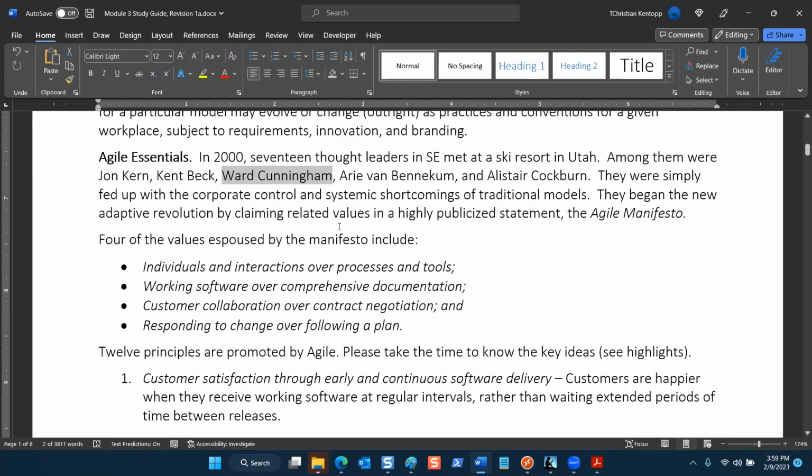Each of them would be responsible for those own areas, more like a special forces team, right? So I hope you remember that analogy.